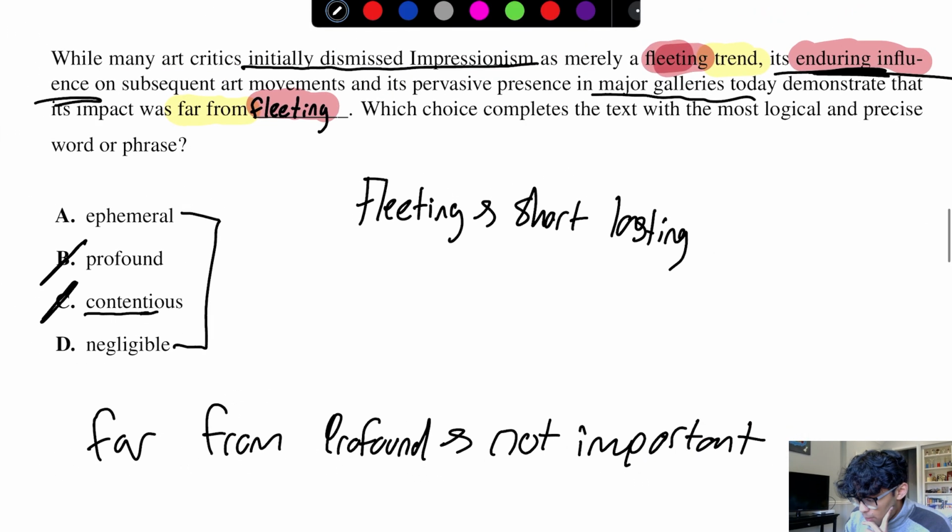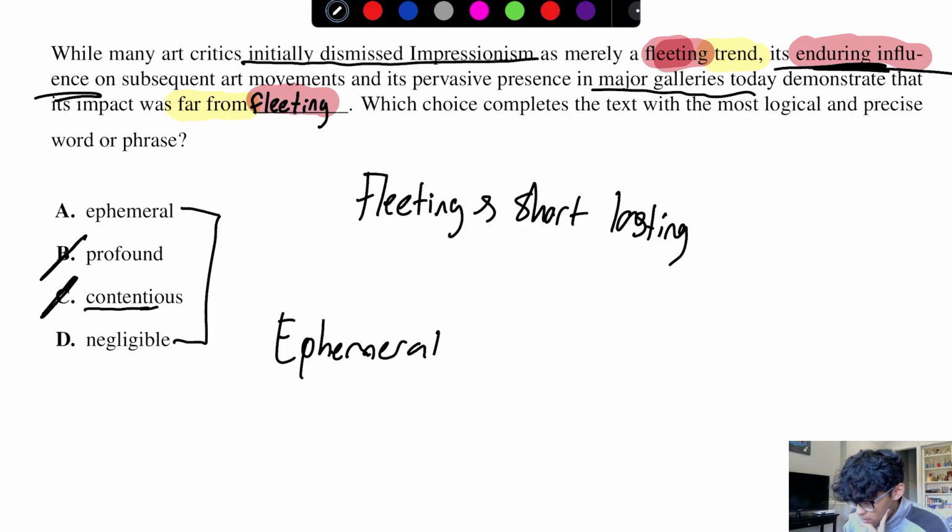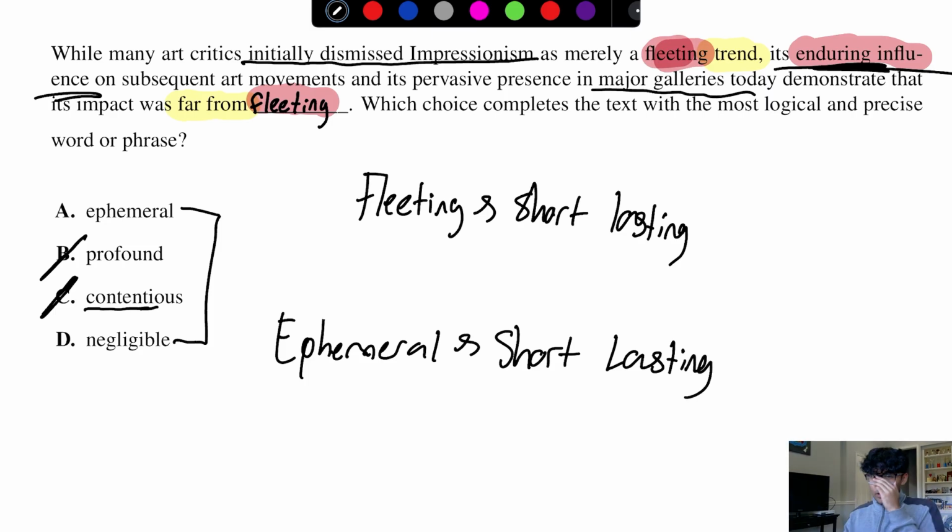So if we just compare fleeting, right? Let me delete this. So ephemeral, I'm going to tell you all what that means. So ephemeral means that it was, I did not spell that right. Ephemeral. It means that it's short lasting. So if we just compare ephemeral and fleeting, those basically mean the same thing.